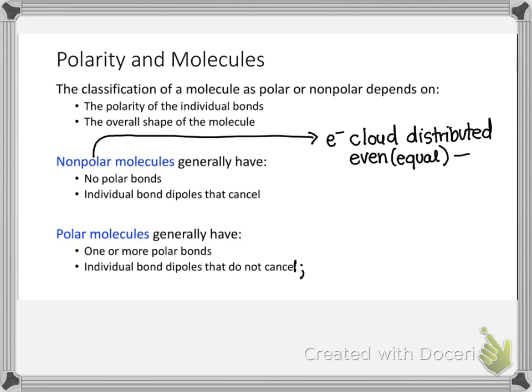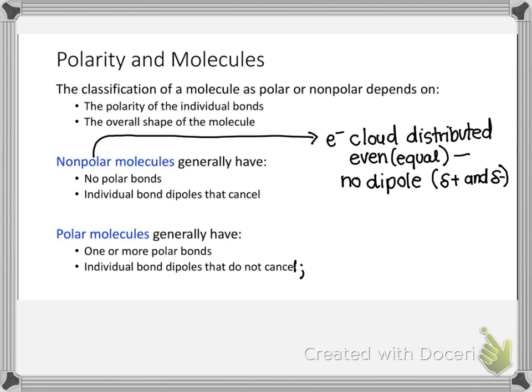And so the result is that there's no partial separation of charge, which we call a dipole. So there are none of the little delta positives and delta negatives that are caused when the electrons are not evenly distributed. Distributed makes me feel like I doled them out and everybody gets the same amount, but it's about the cloud and it being even.